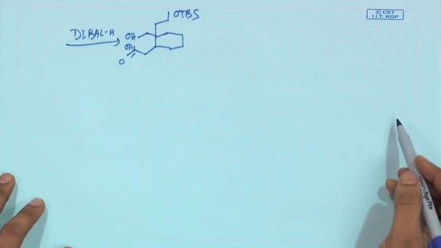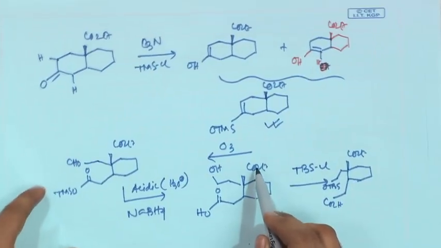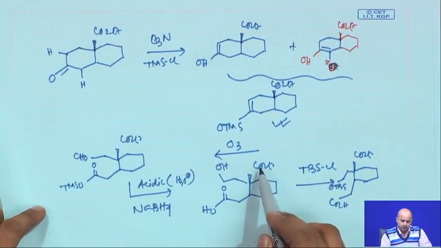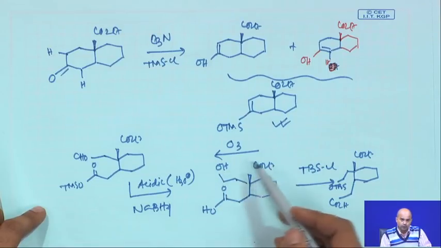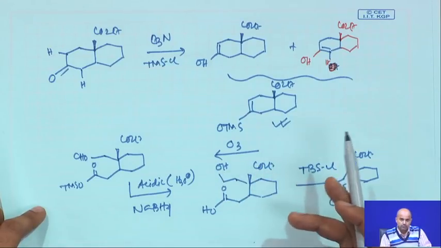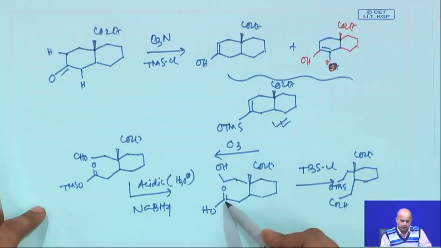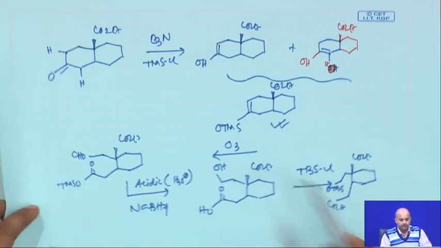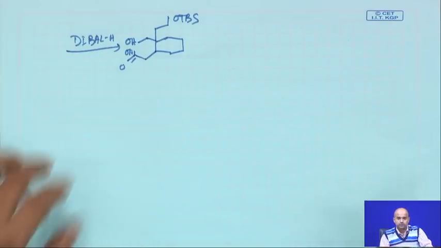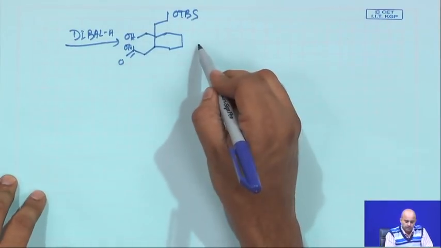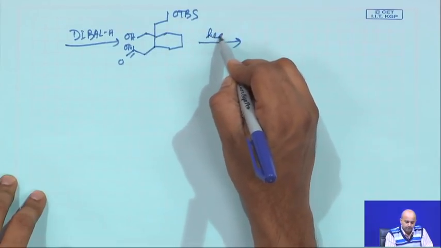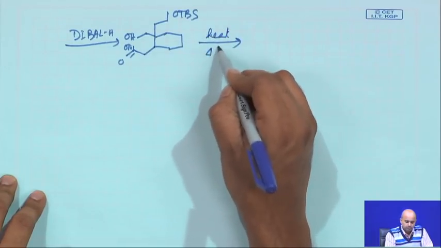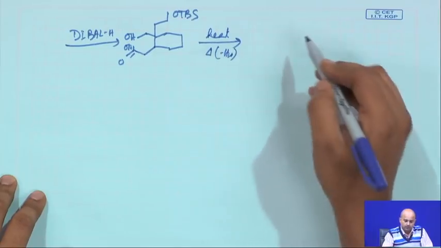Now, if you do not protect and proceed with the diol here, that also you can do, then it will give you CH2OH, CH2, CH2OH. Then if you try to lactonize, there will be two possibilities. It can give you a 6-membered lactone as well as a 7-membered lactone. So, to avoid the regiochemical issues, we did the protection. Now, this compound is subjected to heat, and you can get rid of a water molecule.